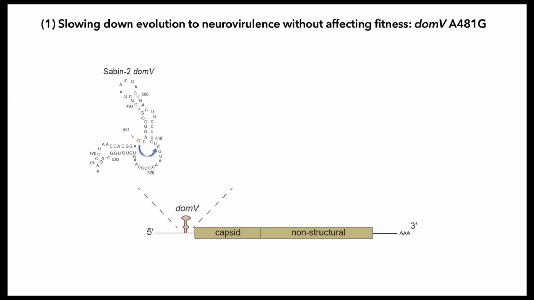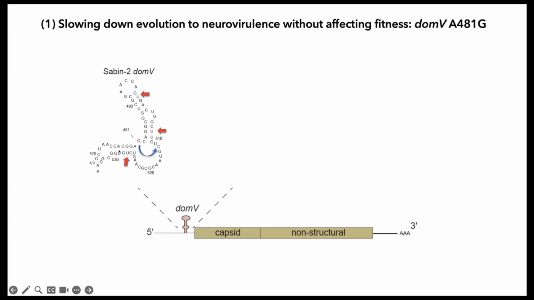The G seems to be able to, at least the prediction was, interact with this C here, increasing the extent and the stability of this stem loop, and increasing the overall physical or thermodynamic stability of the structure. And this was further supported because there were additional mutations observed.